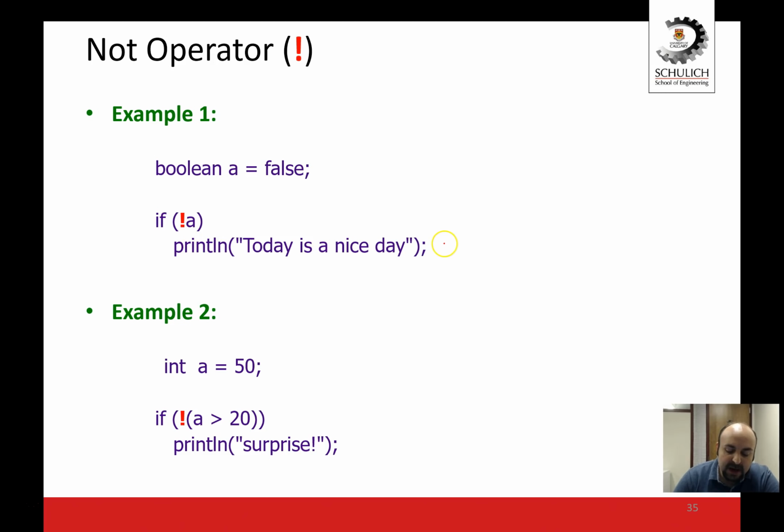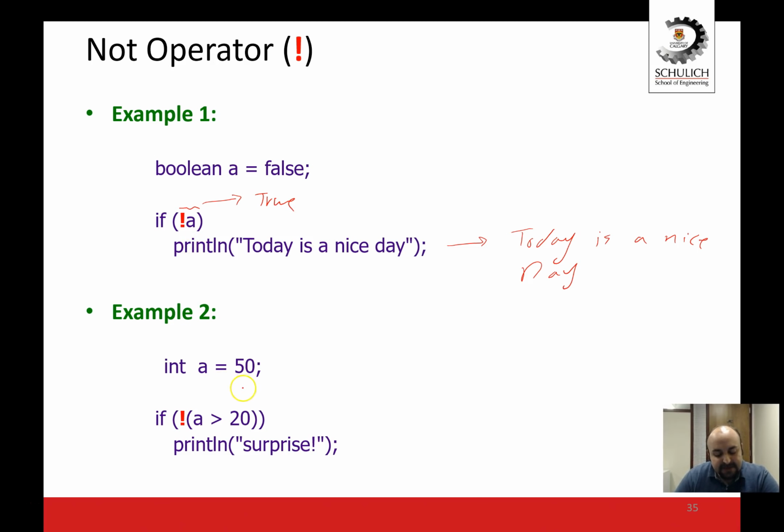So the output here is actually "today is a nice day". That's the output because A is false. This is saying not false, which is true, so not false is actually true. That's why we would go in here.